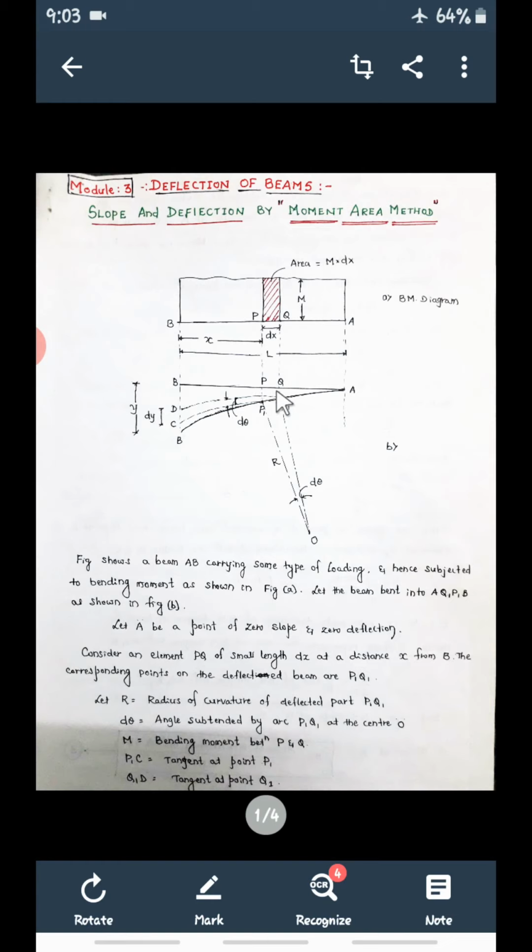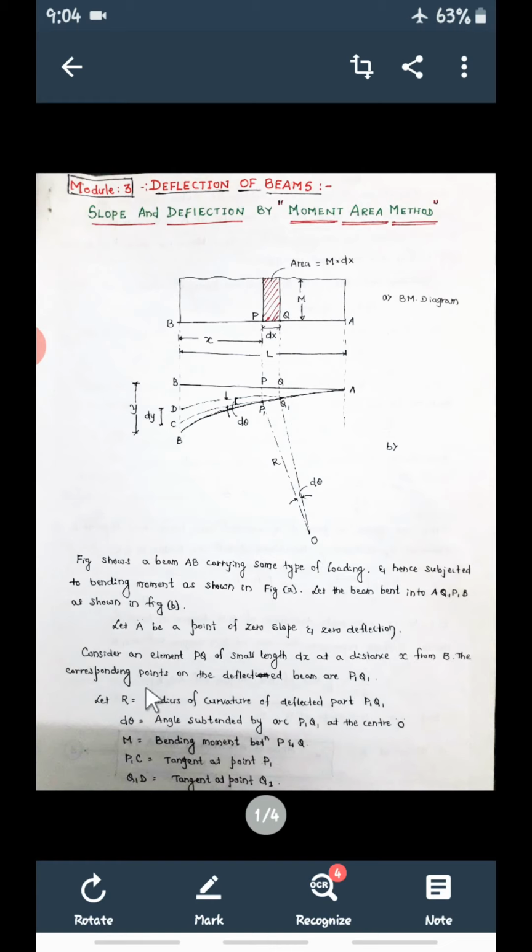Take two points on this beam, so this is some part of the beam. Let us consider an element PQ of small length dx. This PQ length I am going to consider as dx, at a distance x from B. From point B the distance will be x, and from this x distance there will be a small portion of beam, that is PQ, whose length is dx.